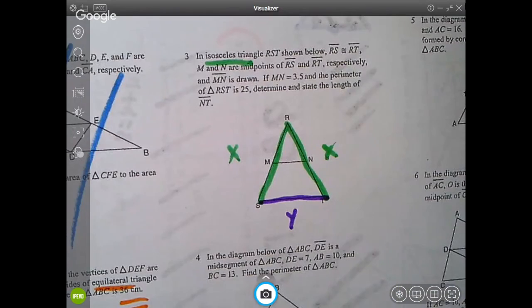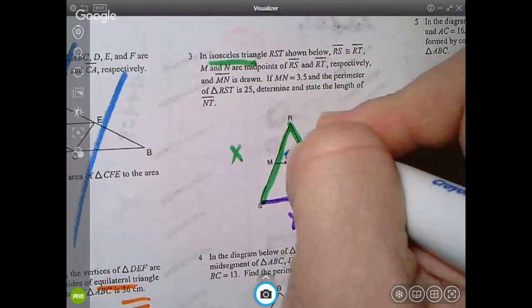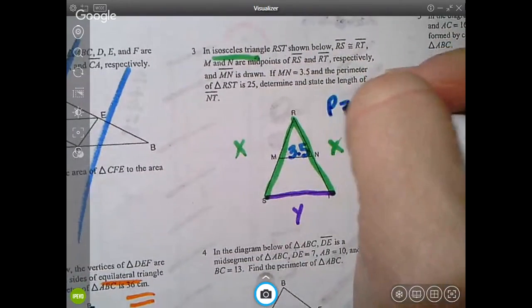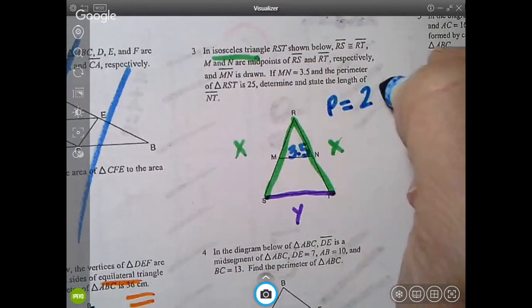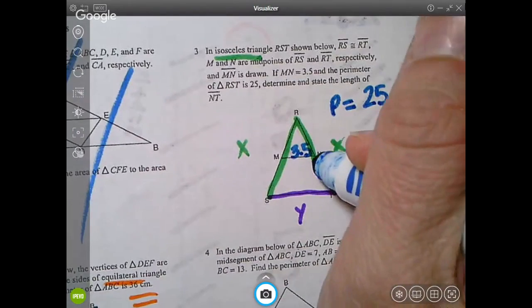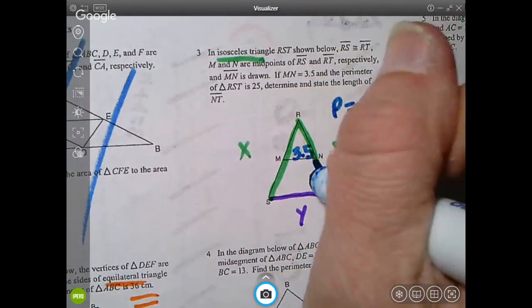If MN is 3.5, and the perimeter, I'll put P for perimeter, is 25, how do we find the length of NT? We're finding this length right here.